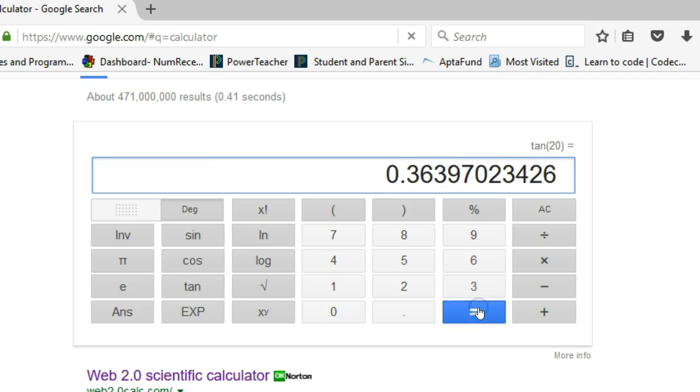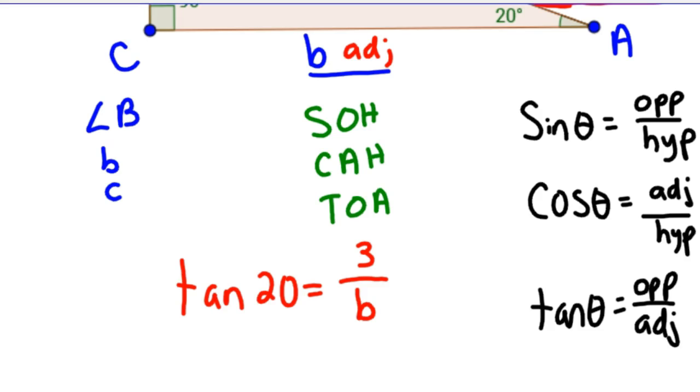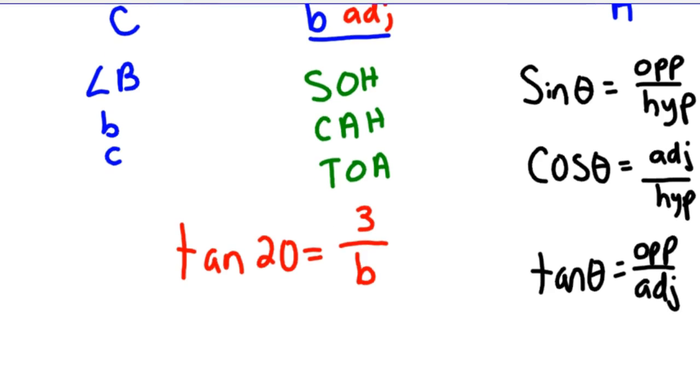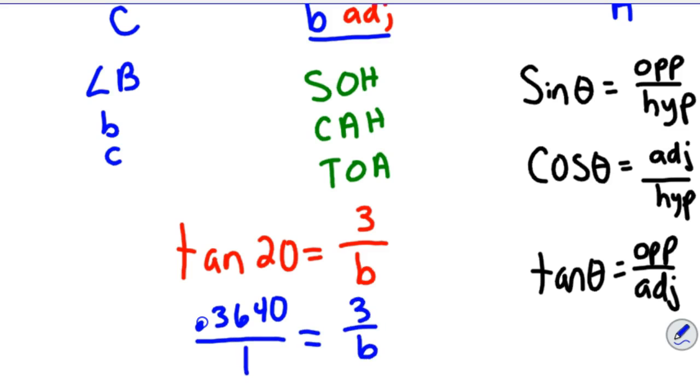You don't need to necessarily, but so it's 0.3639 or 0.3640 if you round that. So 0.3640 goes in place of tangent 20. And I'll put that right here. So 0.3640 over 1 equals 3 over b to make it a proportion.